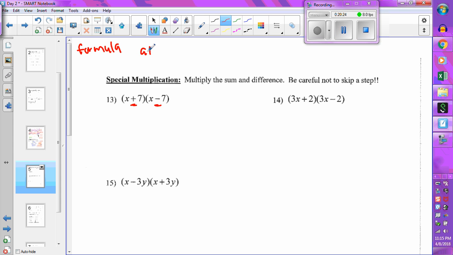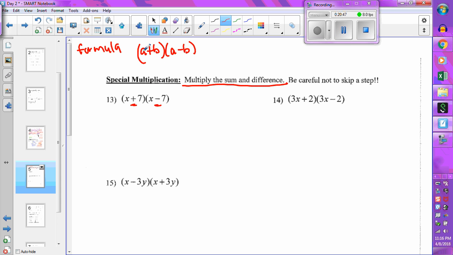We can say A plus B, A minus B. When you multiply the sum and the difference, you have one with a positive and one with a negative, but they're exactly the same, meaning the exact same numbers, okay?